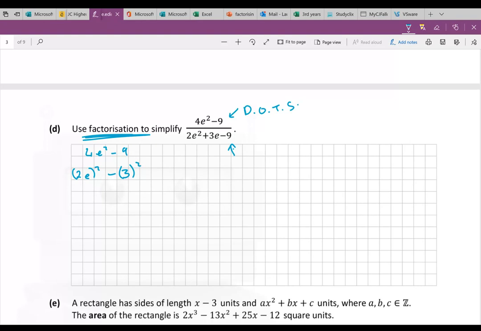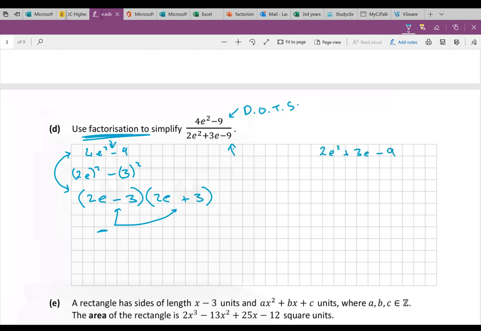Or you could have recognized from the very start that it was difference of two squares. 2e minus 3, 2e plus 3. Remember, a minus by a plus gives a minus, which is what we have in here. So that's my top line. My bottom line is 2e squared plus 3e minus 9.